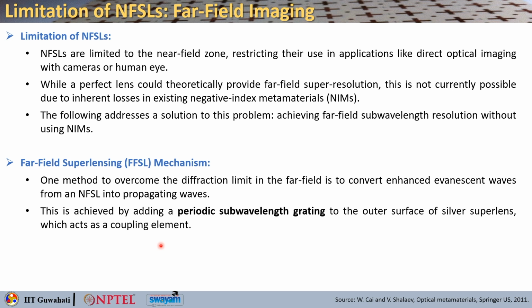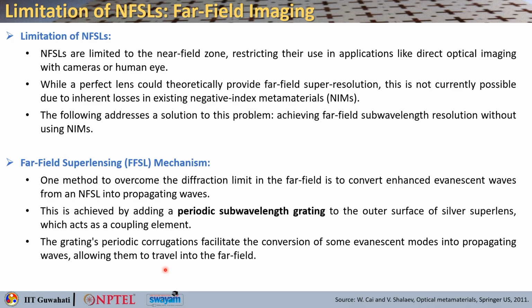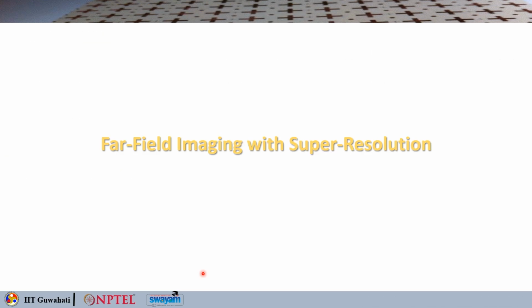You can achieve this by adding a periodic sub-wavelength grating to the outer surface of the silver superlens, which will act as a coupling element. The grating's periodic configuration will facilitate the conversion of some evanescent modes into propagating modes, allowing them to travel in the far field, and that you can use for imaging.